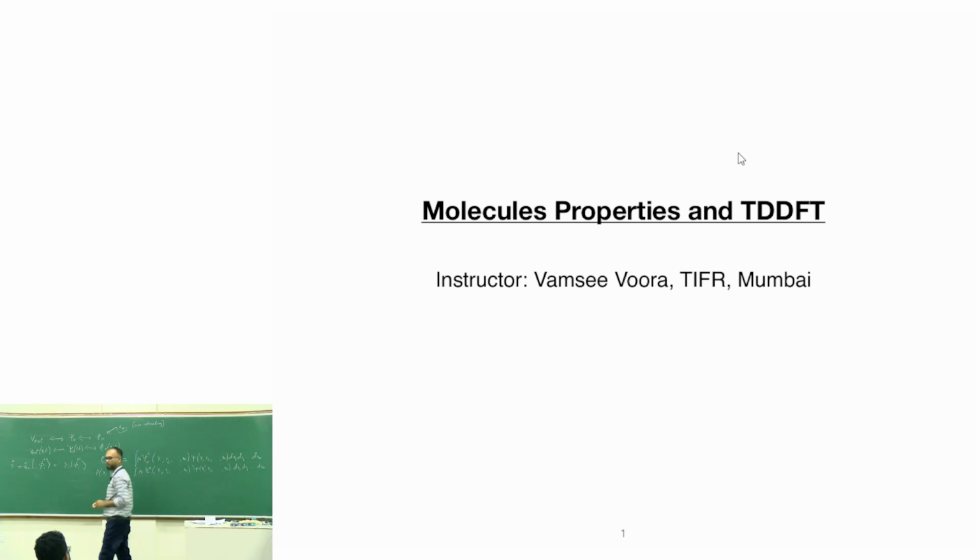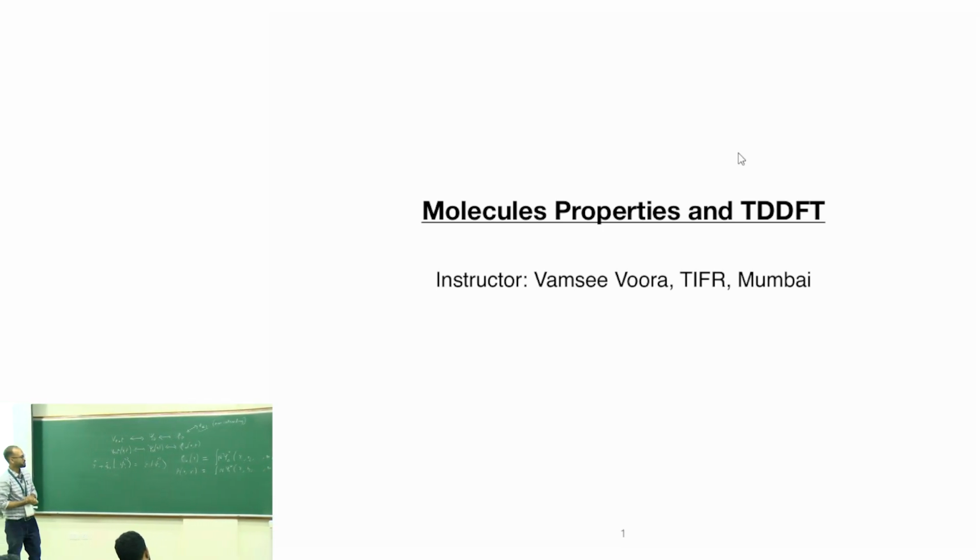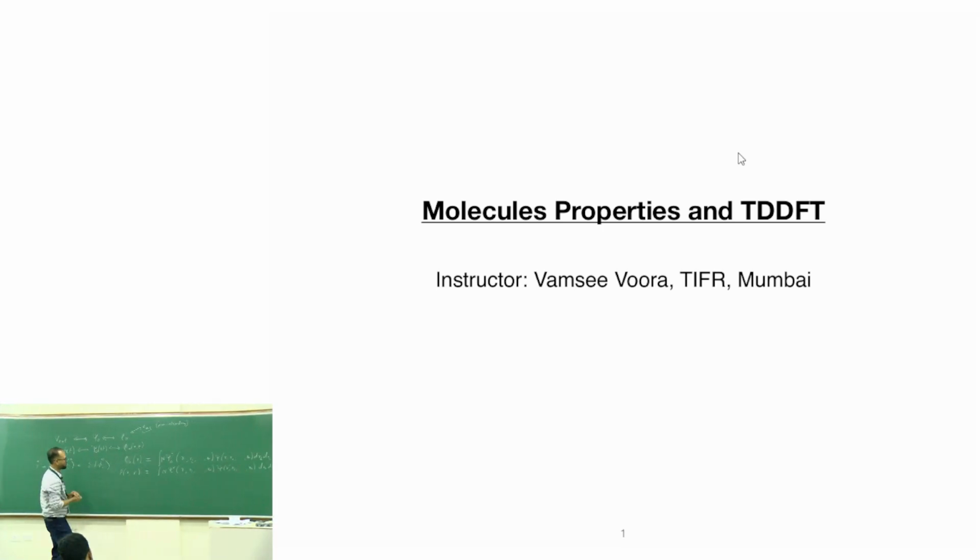That's your density matrix. Okay. So what is the relationship between the density matrix and density? If I have P of r comma r, that is going to give me the density.